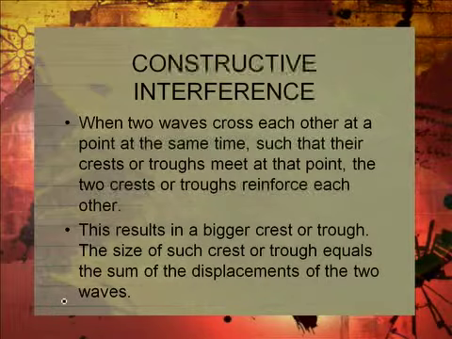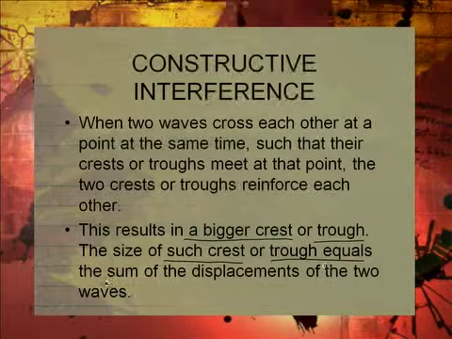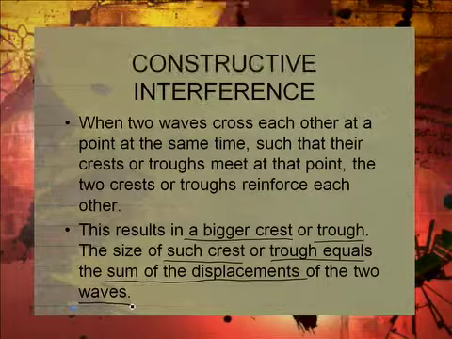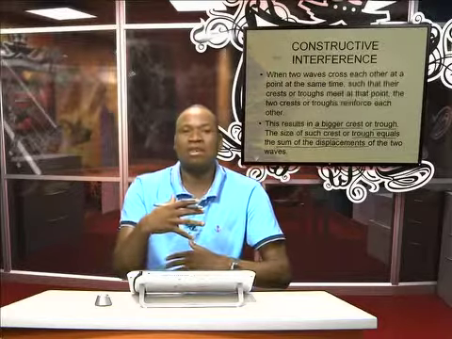We can see already what is going to happen then. So this will result in a bigger crest or trough. The size of such a crest or trough equals the sum of the displacements of the two waves. So that gives you what we call constructive interference. So there's a build-up, constructive.